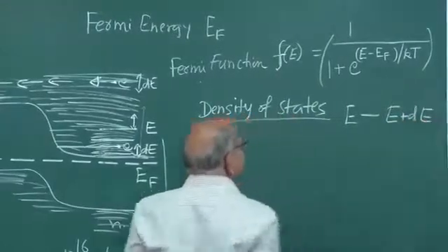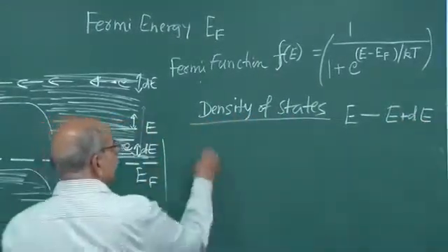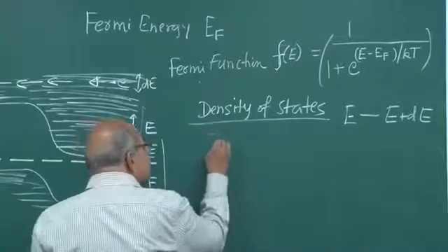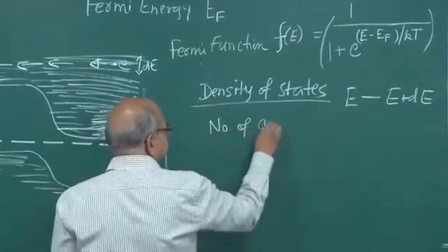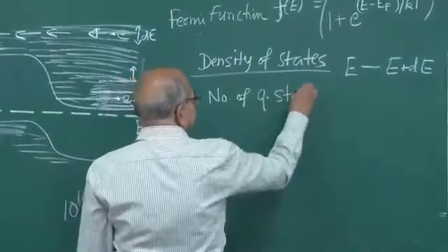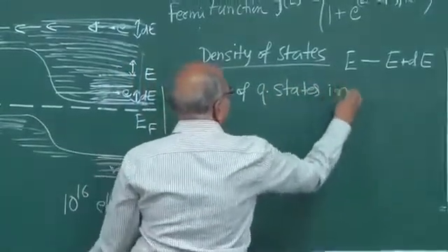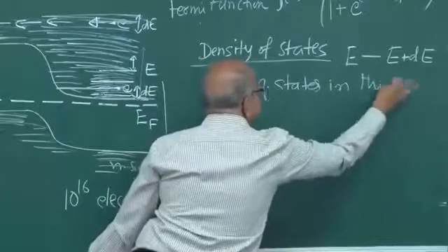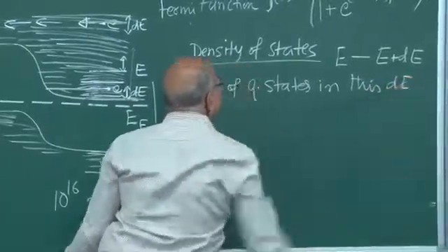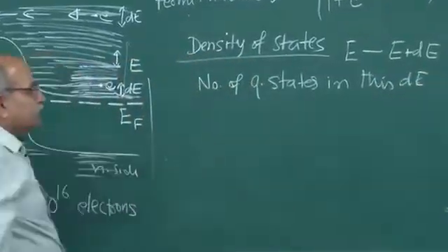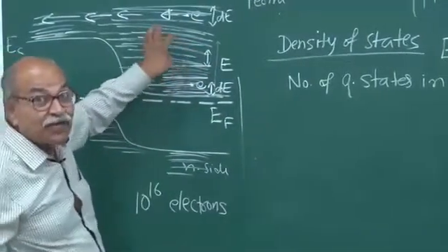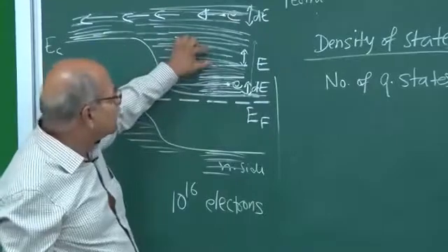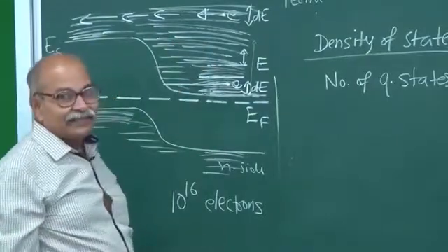Consider this and ask the question: how many quantum states are there in this dE? Not electrons, quantum states, occupied or not occupied. How many quantum states are there in this energy range?